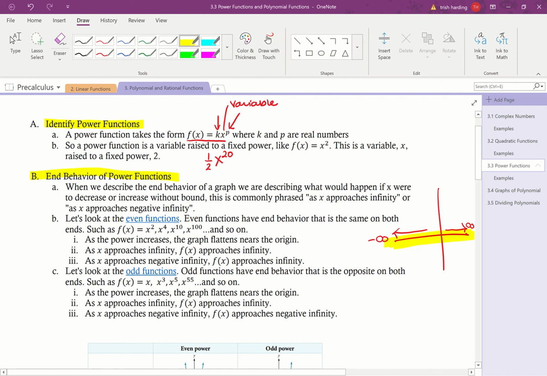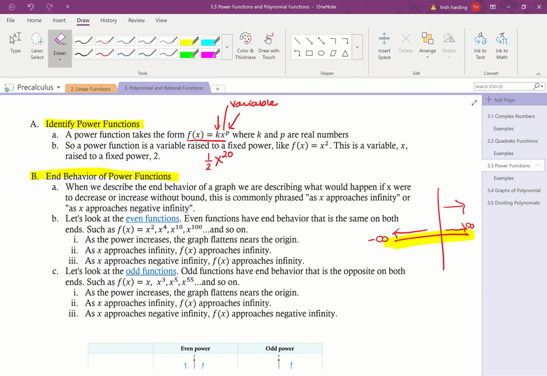You'll hear common terms, so if x is going towards infinity, if it's going to get big, big, big, big, big, you would say, sometimes you would hear, x increases without bound, or as x tends towards infinity, or as x approaches infinity. For the other direction, you would hear as x decreases without bound.